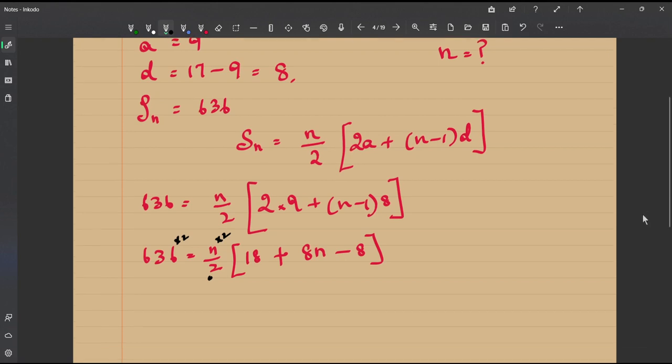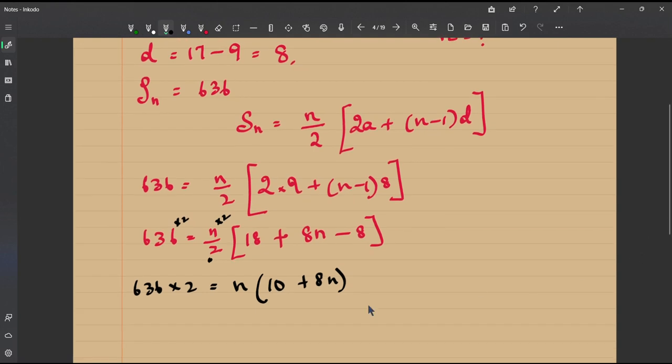So we would get 636 multiplied by 2 is equal to n into 18 minus 8, which is 10, plus 8n. So we have simplified this. Now distributing the n, we have 636 into 2 as it is this side, and 10n plus 8n square.